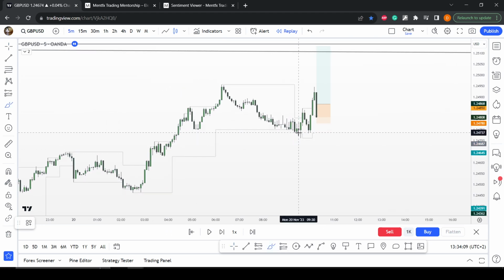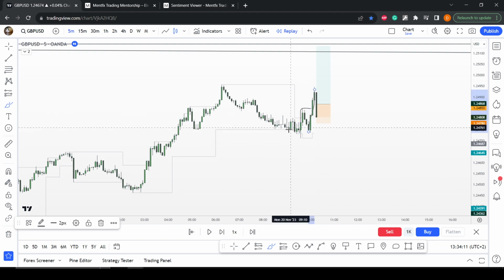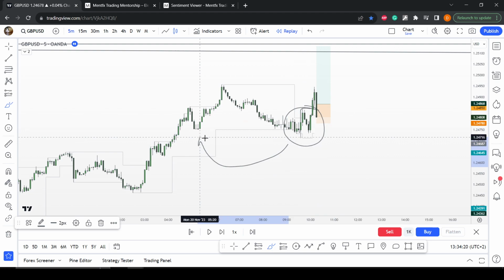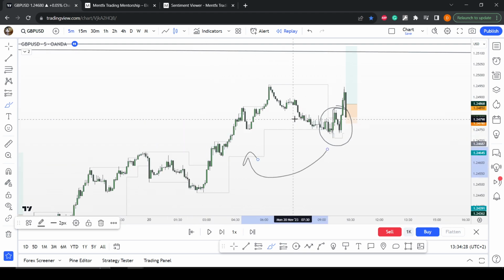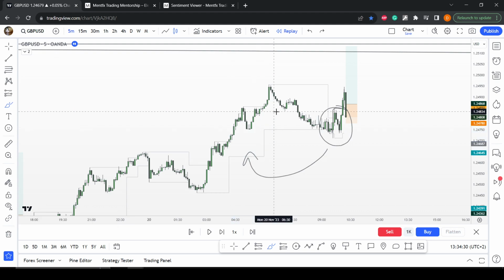So we have this impulse correction and impulse. The problem here is maybe this pattern is not as clean as this one. You see, you have impulse correction, impulse correction, impulse. So this one is really really nice, and before this pattern you don't have this unclear price action, so you have really nice foundation.